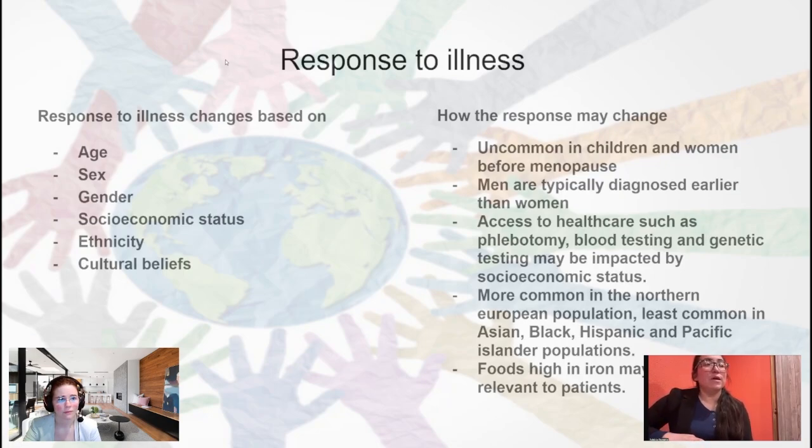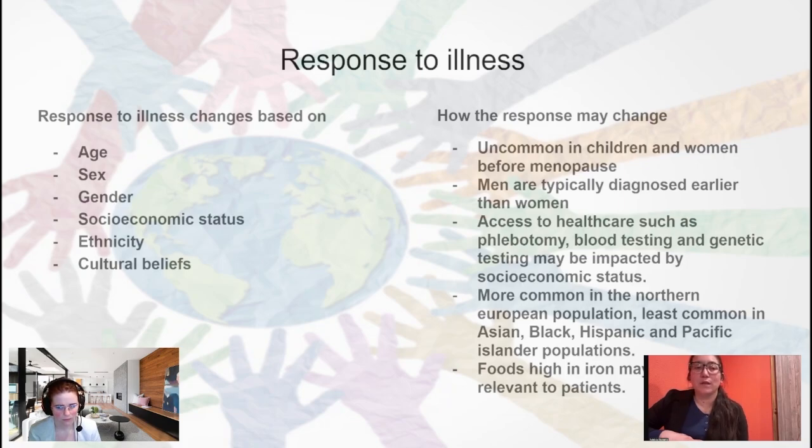Response to illness. Response to illness changes based on age because it's uncommon in children and women before menopause. It's also based on sex because men are typically diagnosed earlier than women. Socioeconomic status, because access to healthcare such as phlebotomy, blood testing, and genetic testing may be impacted.